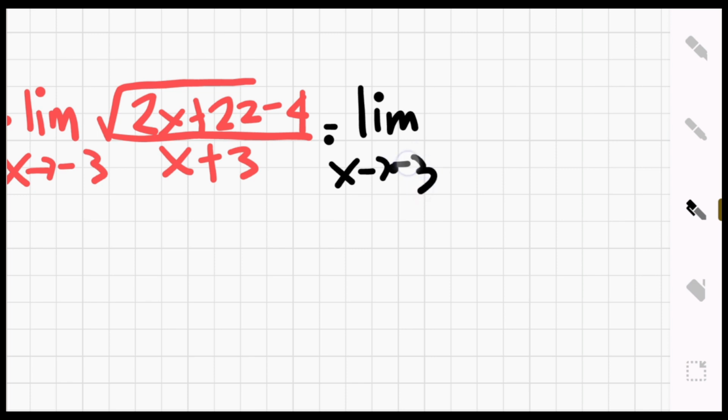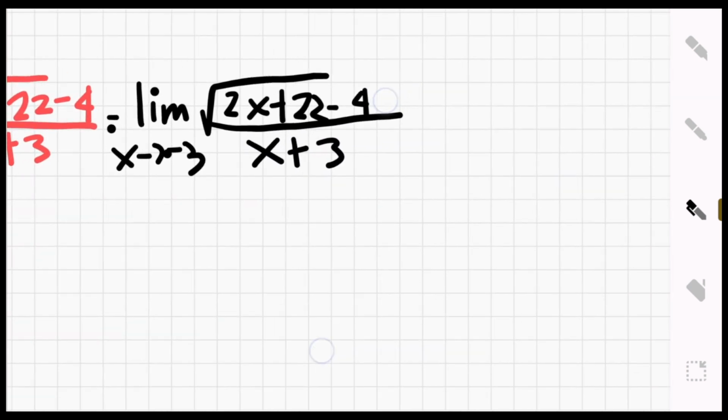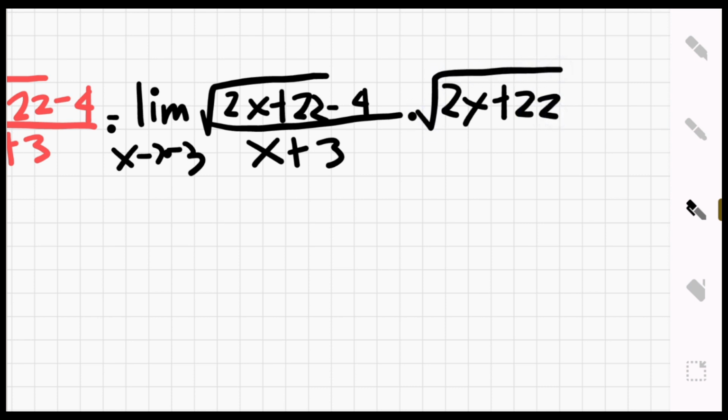So the limit as x approaches -3 of the expression square root of 2x plus 22 minus 4 over x plus 3. Then multiply both the numerator and the denominator by the conjugate, square root of 2x plus 22 plus 4.